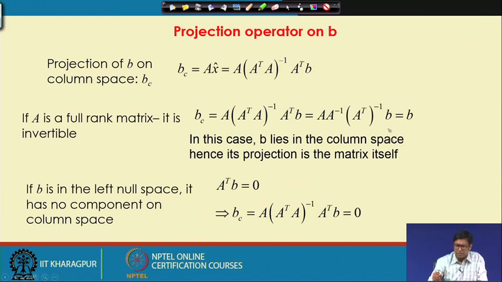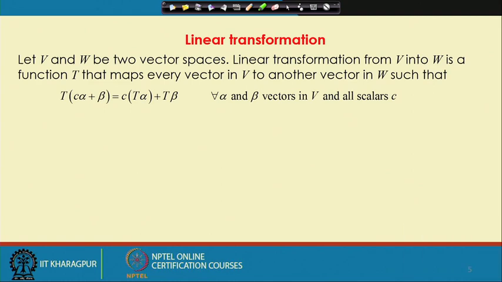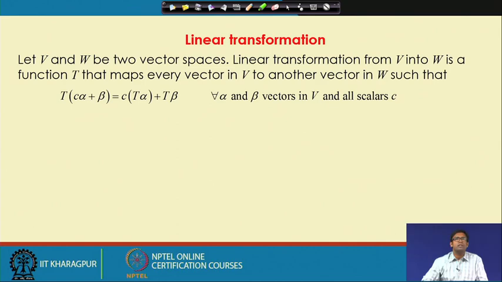Now, let us see what a linear transformation is. If V and W are two vector spaces, a linear transformation from V to W is a function T that maps every vector in V onto another vector in W such that T applied over C alpha plus beta, where alpha and beta are vectors in V and C is a scalar, is C into T alpha plus T beta.